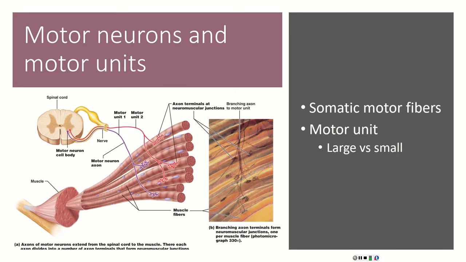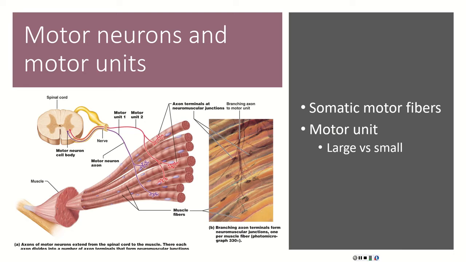Those axons are called somatic motor fibers: axons of neurons whose cell bodies are in the central nervous system, going towards the muscle cells or muscle fibers. So what are motor neurons? Motor neurons are neurons that innervate skeletal muscle.